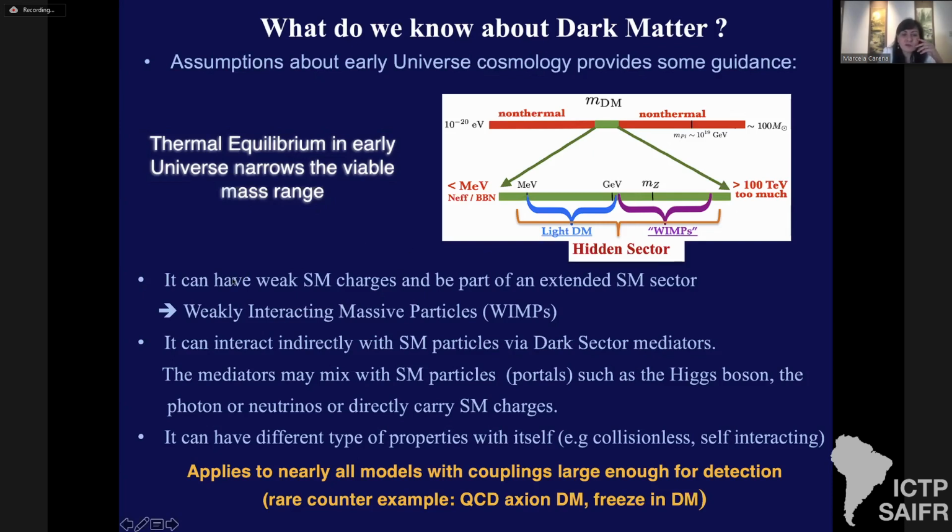So in some ways, I will look at some region here, and I will look at some region here. If we can have weak standard model charges, as you know, and I think Nicholas talked about that, the dark matter can be part of an extended standard model sector, and this is what we usually call weakly interacting massive particles.